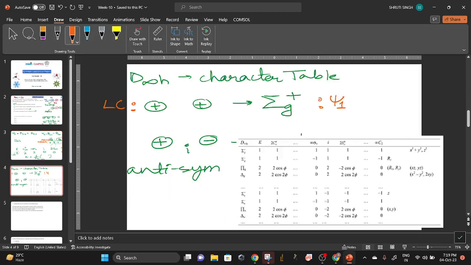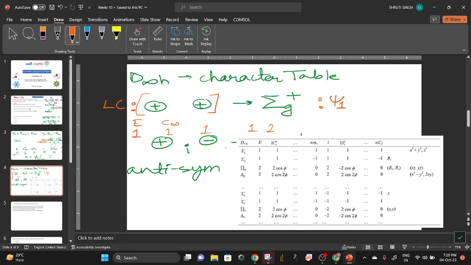But here it is 1 only, because this is a set now, a linear combination. This whole thing is considered as 1, so the basis here is one dimensional. If we write its transformation with respect to E, it will be 1. With respect to C infinity, nothing will change, it will be 1, like that. You got my point? If we do it for all the symmetry operations, it will be all 1, so this belongs to the totally symmetric representation.